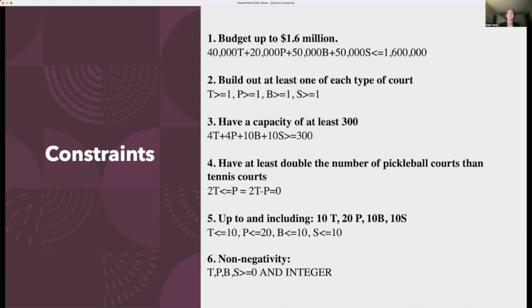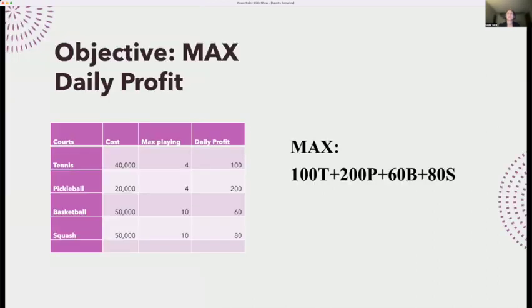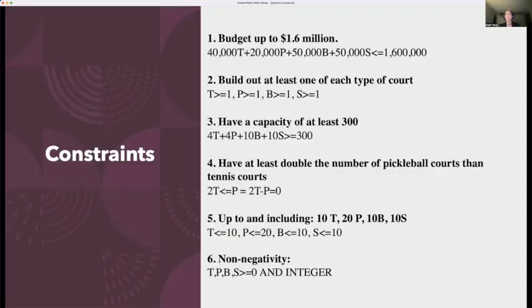To have that constraint, if we go back here, you can see that the maximum players that can play is 4 for tennis. So we just use those figures, 4T plus 4B, and so on. Just the max for each court, to ensure that the investors have some kind of ballpark of how many maximum people could be playing at the facility.